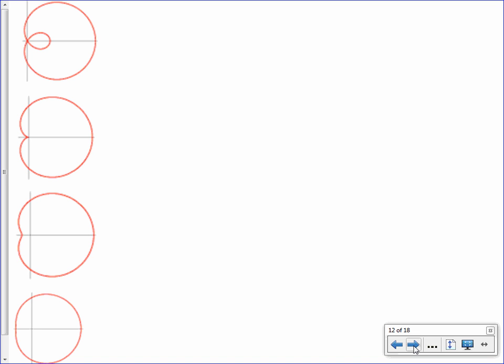Because it's like a dimple. This is a loop. When A over B is less than 1, either the A plus B or A minus B will give you a negative value and then it will create the loop.